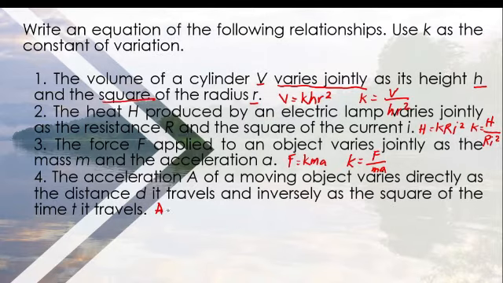So isolate natin yon, equal to, so automatic may K tayo dyan, varies directly as the distance d. So, yung directly, katabi lang siya ng constant. Tapos, eto na, inversely. Tsaka tayo mag-over kapag may inversely na word as the square of the time t travels. So, t for the time. And then, may condition na square. So, lagyan lang natin ng square.